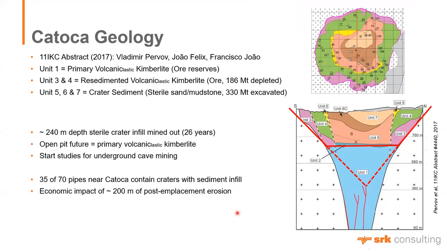And so there's a massive economic impact of about 200 meters of post-emplacement erosion. In other words, this is 240 meters deep. If you eroded this down by 200 meters, it would make a big difference to the mining and profitability of an open pit mine in Angola. And we will look at that problem as we go through the talk.